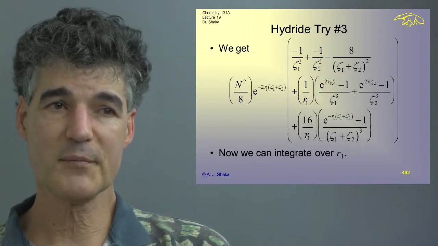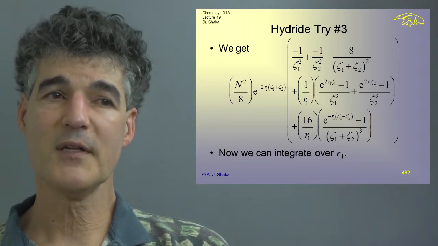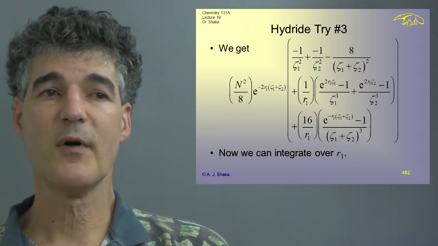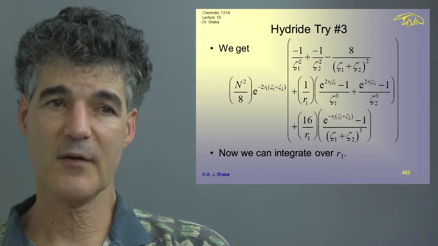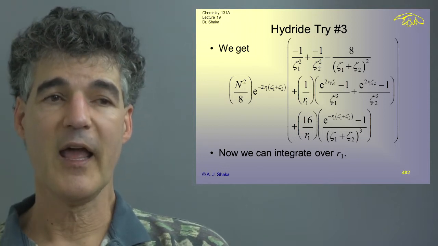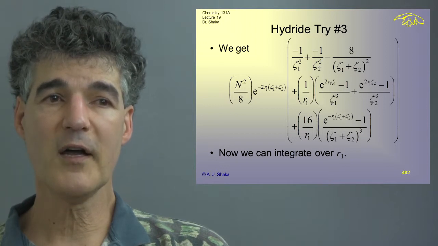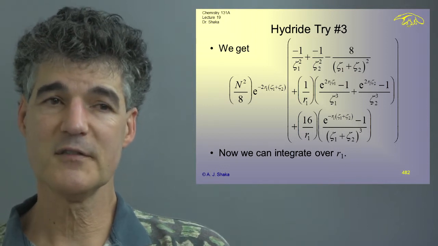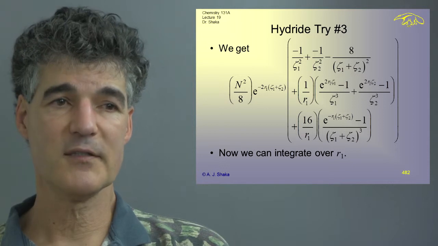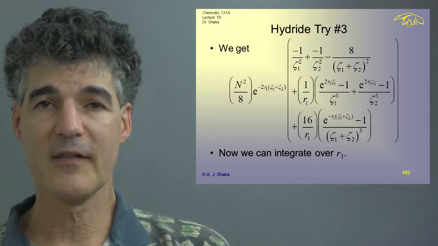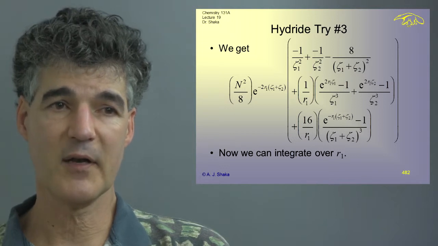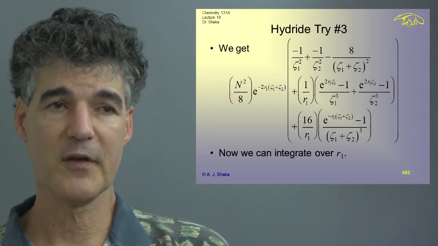We have two terms, minus 1 over zeta 1 squared plus minus 1 over zeta 2 squared, and then a cross term, zeta 1 plus zeta 2 squared, and then a term with 1 over R1 and some rational functions, and then 16 over R1 and a more complicated thing that again has the sum of zeta 1 and zeta 2 cubed.